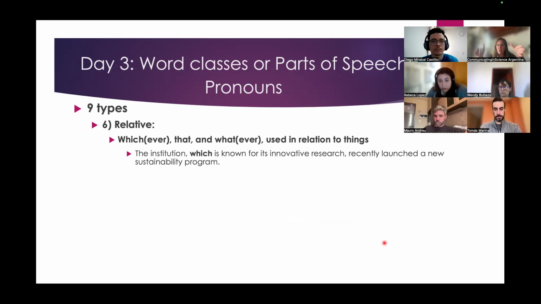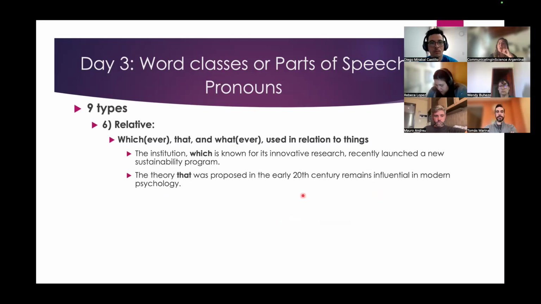I'm adding information to clarify something about the institution. Another, the theory that was proposed in the early 20th century. Which theory? ¿Cuál teoría? The one that was proposed in the 20th century.